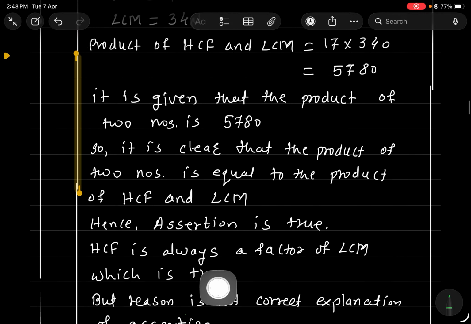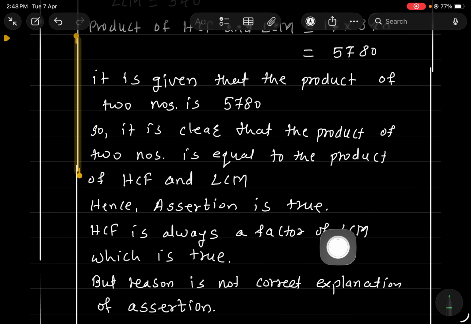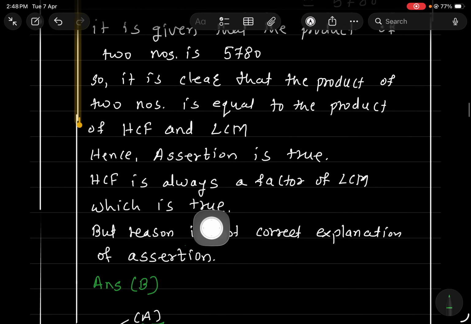Now the second one, the reason: the HCF is always a factor of the LCM, which is true. When we find the LCM in many examples, in the 2-mark and 3-mark questions, we studied that LCM equals common factors into uncommon factors.